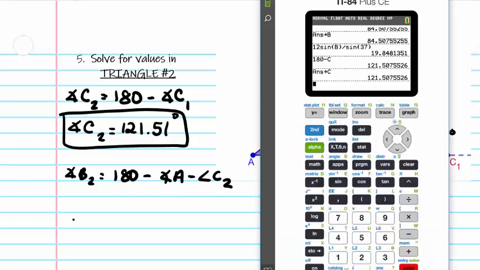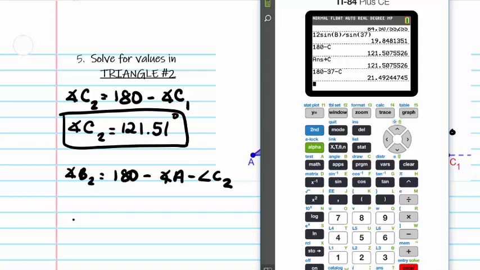So let's go ahead and grab my calculator, and I have this new value of C stored in there. So I'm going to do 180 minus 37 minus angle C, which is the 121.